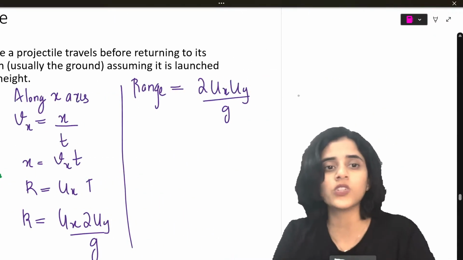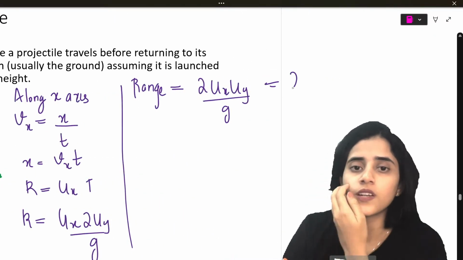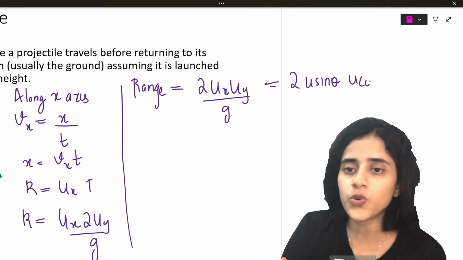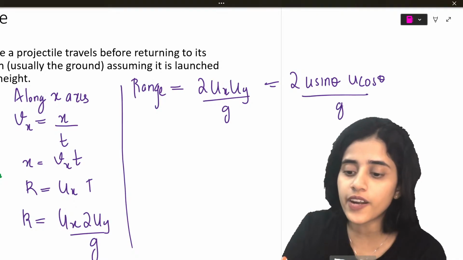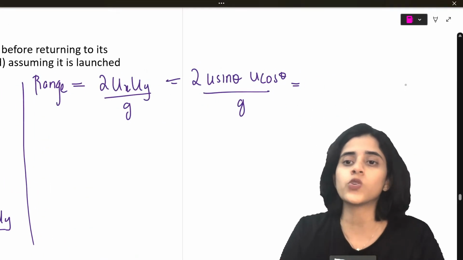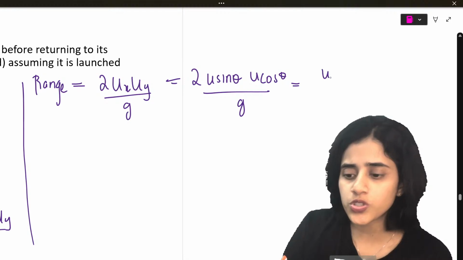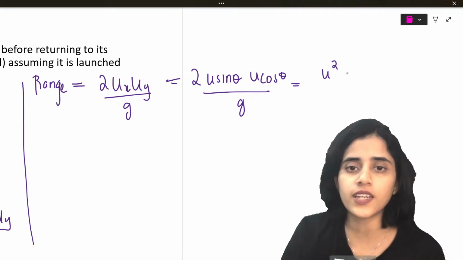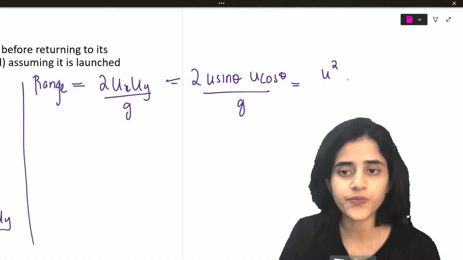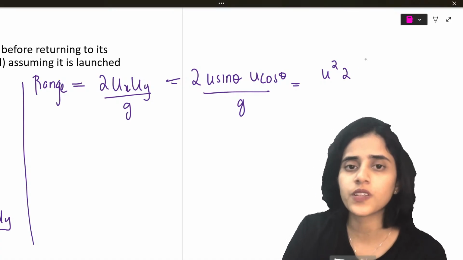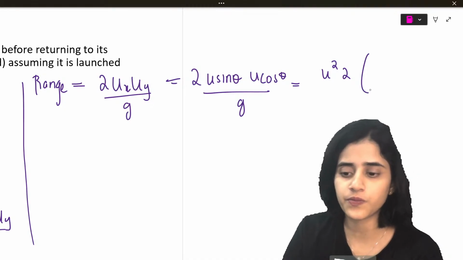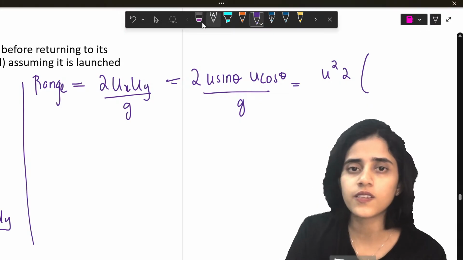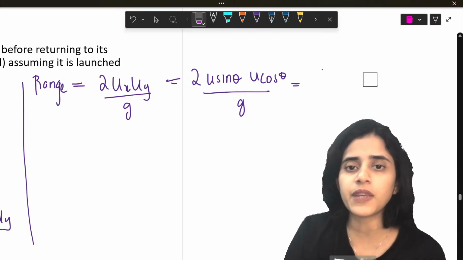So that is equal to 2 into u sine theta, u cos theta, the whole divided by g, which is equal to u square, I will take that outside, into 2 sine theta cos theta, by g. Mathematically, I can make this an identity.